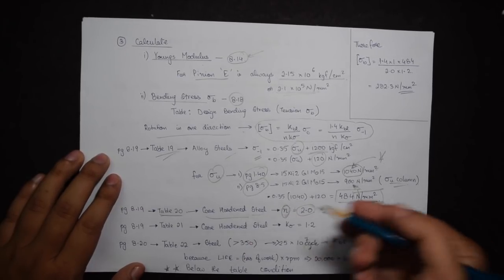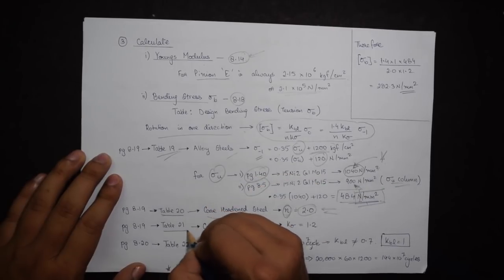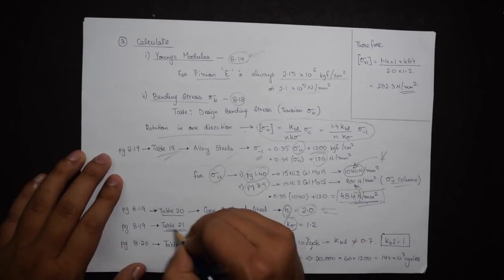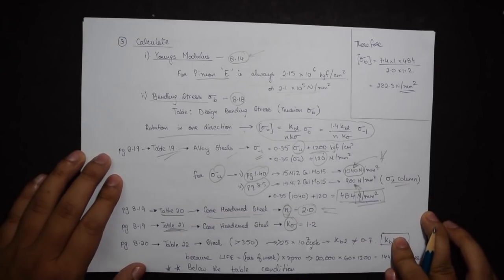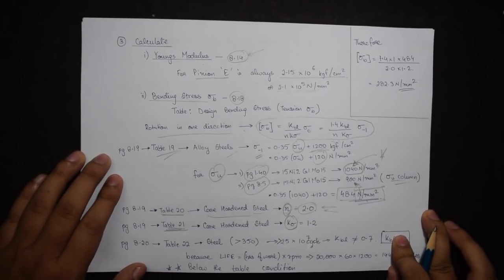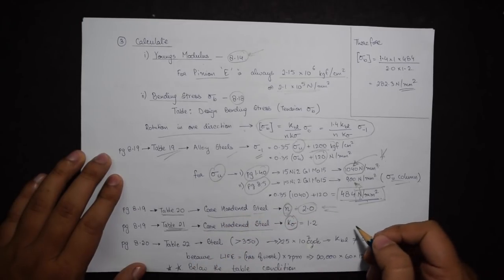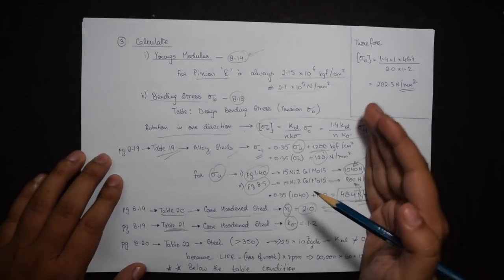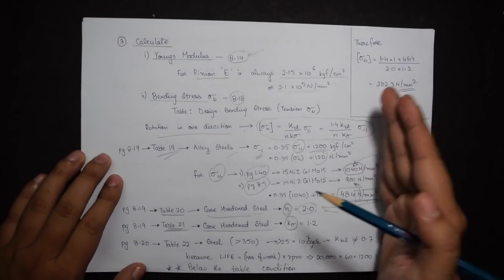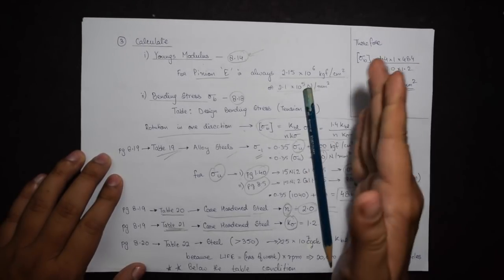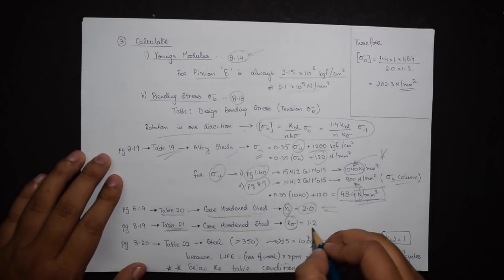Continuing further, we have the value of stress concentration factor for the fillet K sigma in table number 21. Now again, as we know, case hardened steel has three values: when x is less than 0, when x is greater than 0.2. If none of the conditions are given, we'll choose the center value, which is K sigma equal to 1.2.